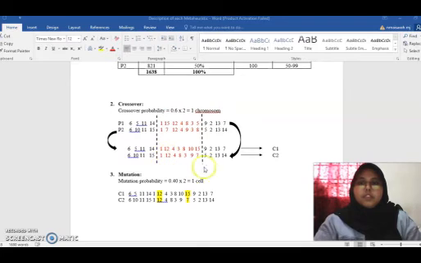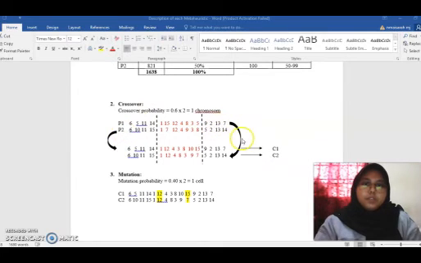Okay, so we divide it. We are using 2-point crossover. So this is our parents and this is our children, parents 1 and parents 2.